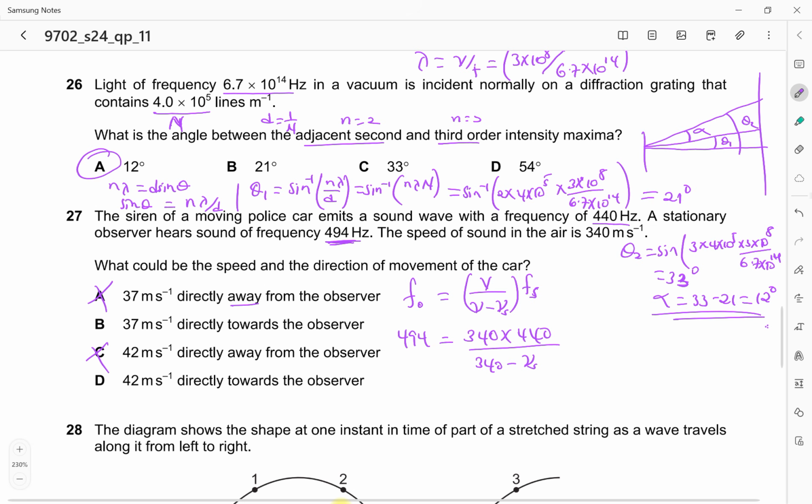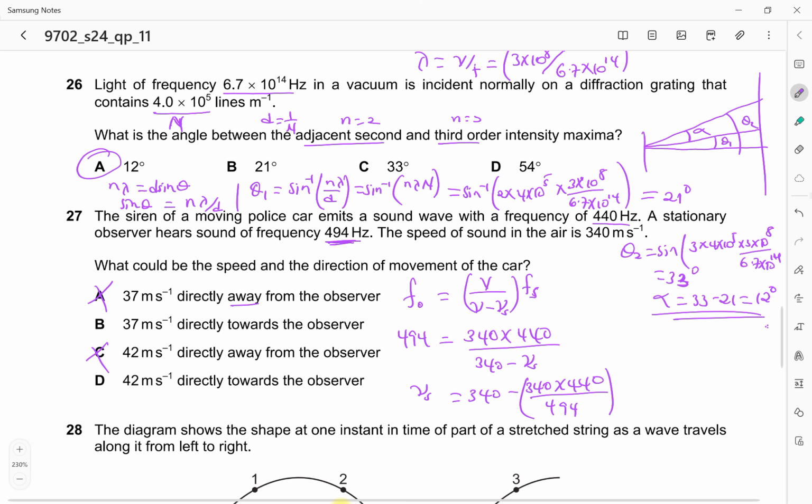So it means I'll just say Vs, just making Vs the subject. I think Vs is going to be equal to 340 minus 340 times 440 divided by 494.